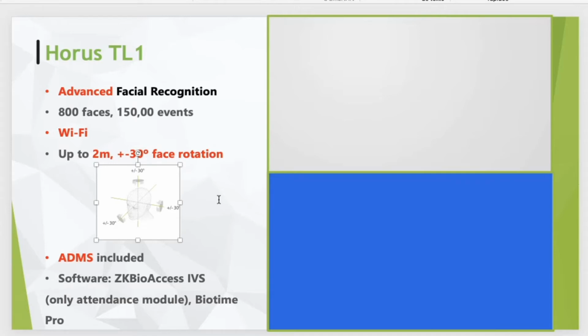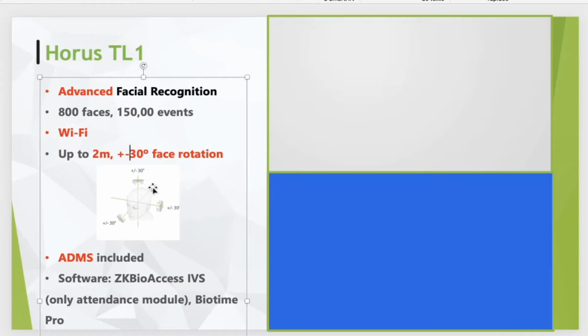It means that the customer is going to be allowed to look just a little bit to the left, a little bit to the right, and the device will still be able to recognize the face, okay, up to 30 degrees.